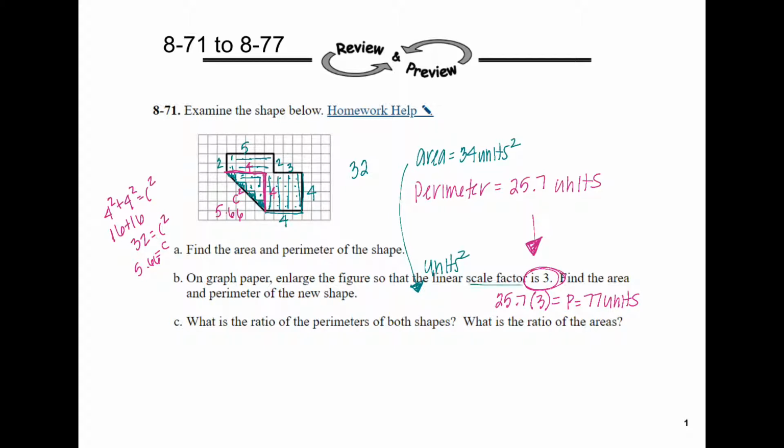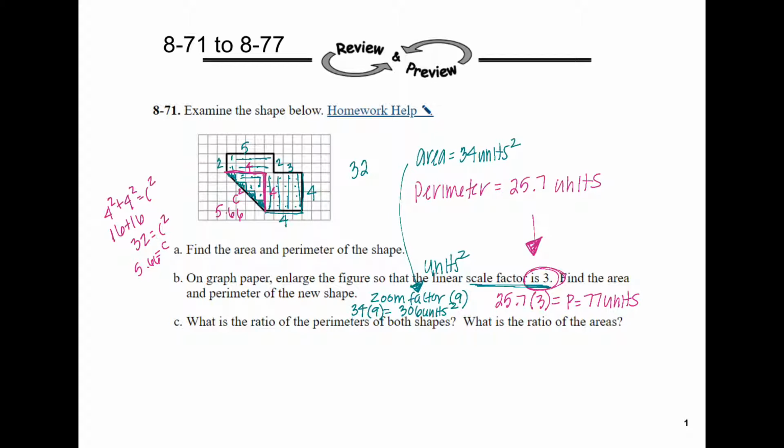So if we have a scale factor of 3, our zoom factor is essentially 3 squared, which is 9. So if we take our original area of 34 and multiply it by 9, we would get a new area of approximately 306 units squared.